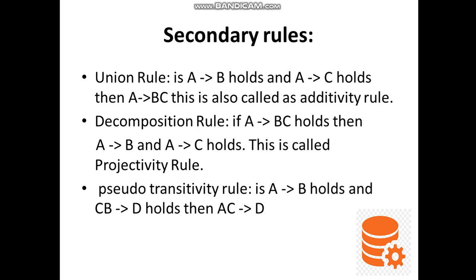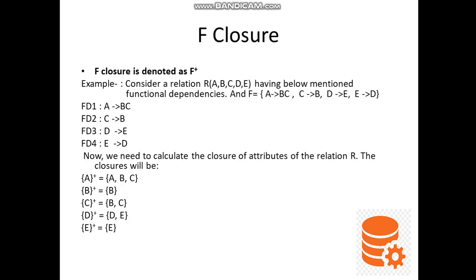Depending on these rules we are going to find out the F closure. In your exam this type of question can come. Consider a relation R where we have A, B, C, D, E having the below mentioned functional dependencies.